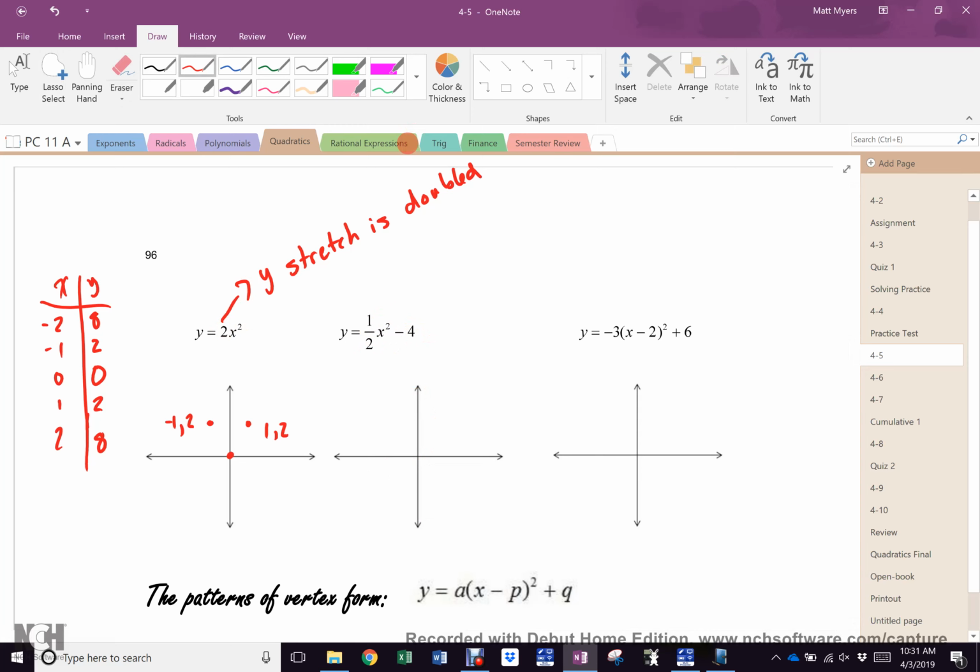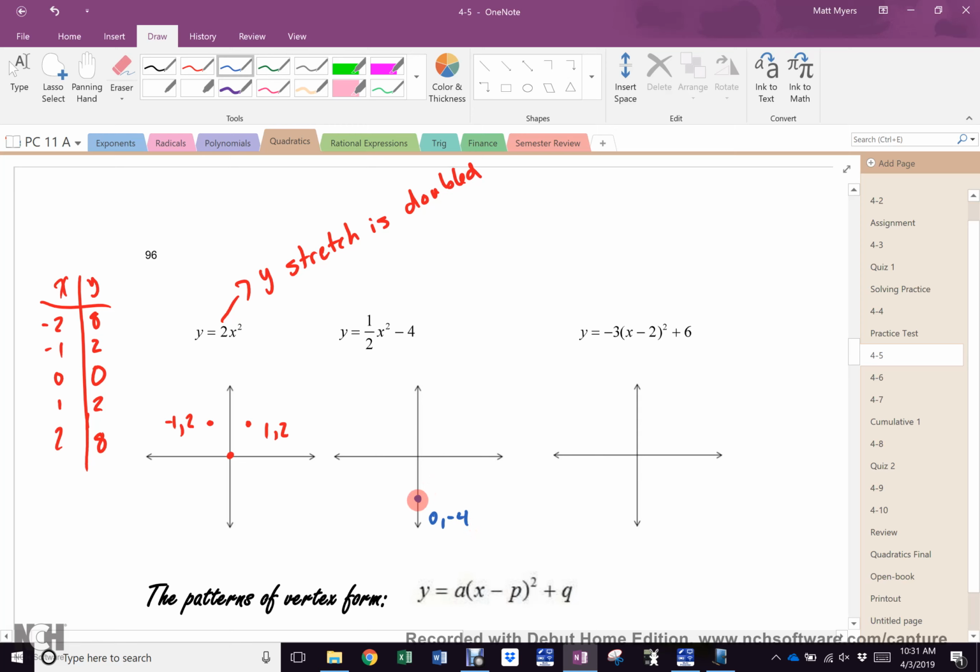So I would go over 1 and up half. Over 2 and up 2 instead of 4. Everybody with me? So my new vertex changes. Where is it now? It drops 4. There's my vertex. 0, negative 4. Yes? Everybody cool?